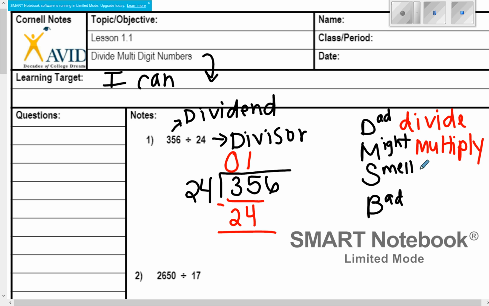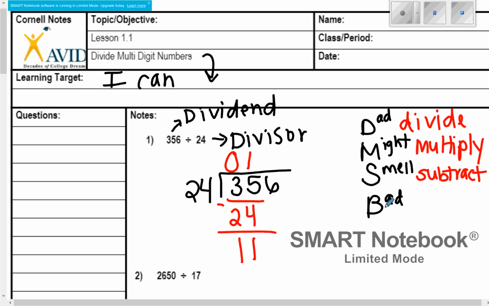This S, we then subtract. Okay, so we subtract to see how many are left over. Okay, so if we put 24 into 35, 24 is not equal to 35, so there's going to be some left over. So we find out how much. 5 minus 4 is 1. 3 minus 2 is also 1. This number down here should be smaller than 24, which it is, so we are doing it correctly.